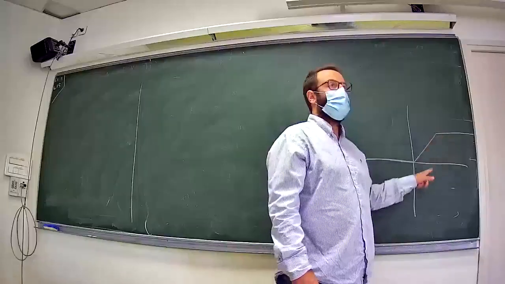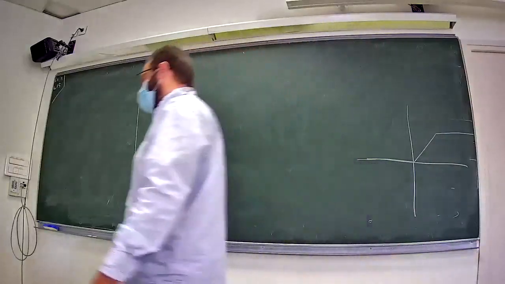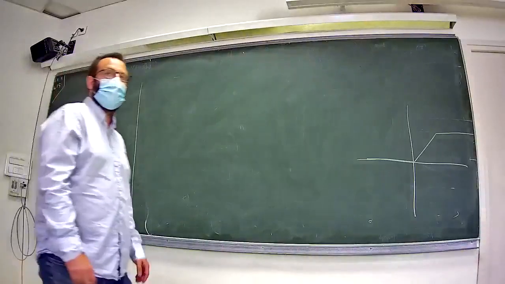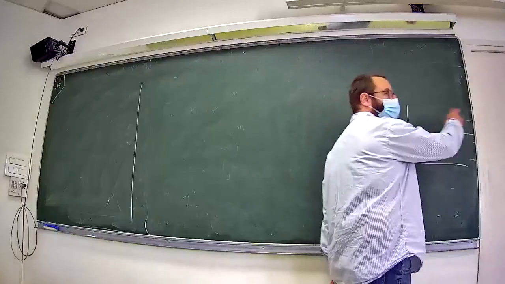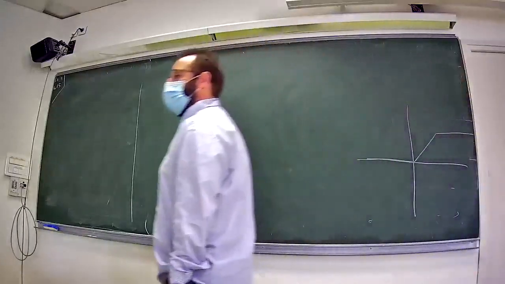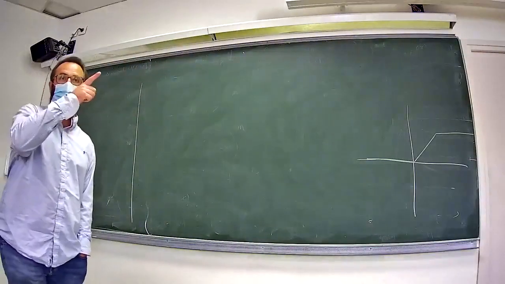I am strictly increasing only in the interval 0, 1. Okay? For the exponential, I have more or less the same kind of thing, because for negative values I am 0, and then I have something that is strictly increasing. So the only case that fulfills this statement is the Gaussian one.